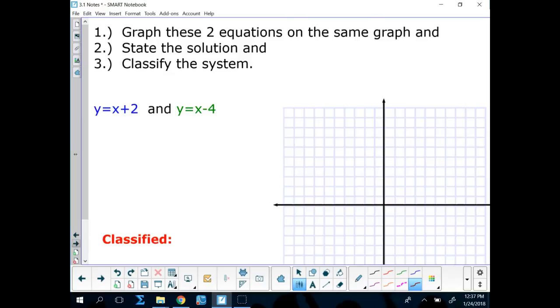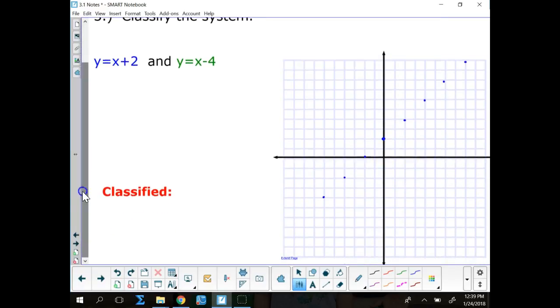Try that one. Let's see. Plus 2 is there, and then minus 4 is 2, 4.